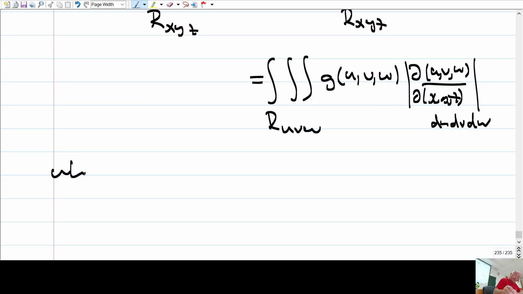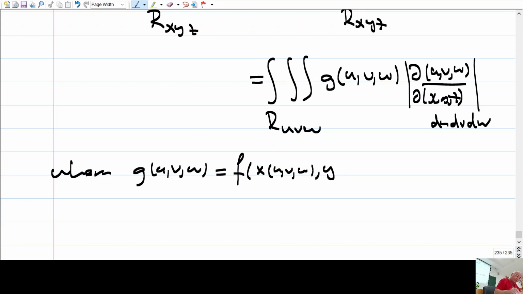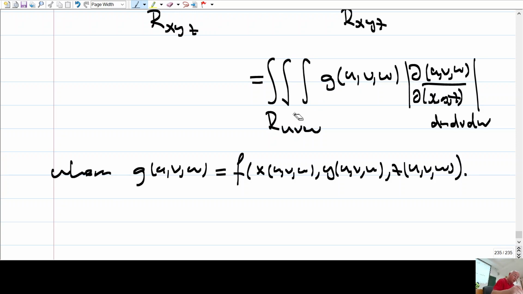Okay, where this g of u, v, w is nothing but f. It was f of x, y, z, but each variable is a function of u, v, and w. So I just take the composition. So the idea here is the same as what we had done for two variable functions. It is nothing different than that.